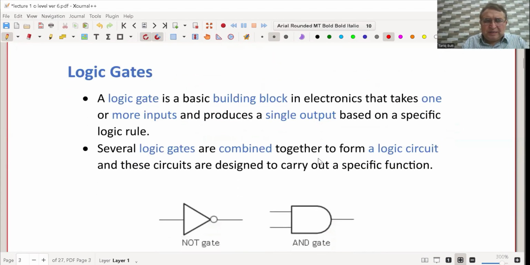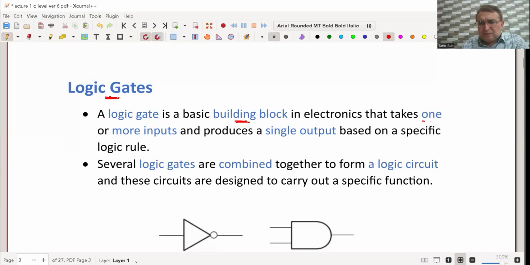So let's say we start with logic gates. A logic gate is basically the basic building block for any circuit that takes either a single input or multiple inputs, but always produces a single output. Logic gate, whatever its type is, either takes a single input or multiple inputs, but always produces a single output.